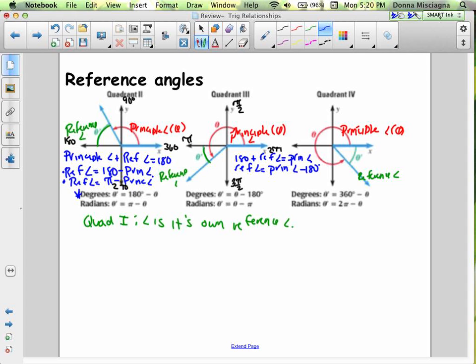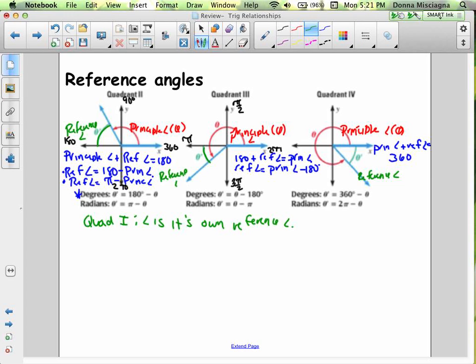In the fourth quadrant, the principal angle plus the reference angle together equals 360 degrees. Our principal angle is going into the fourth quadrant.